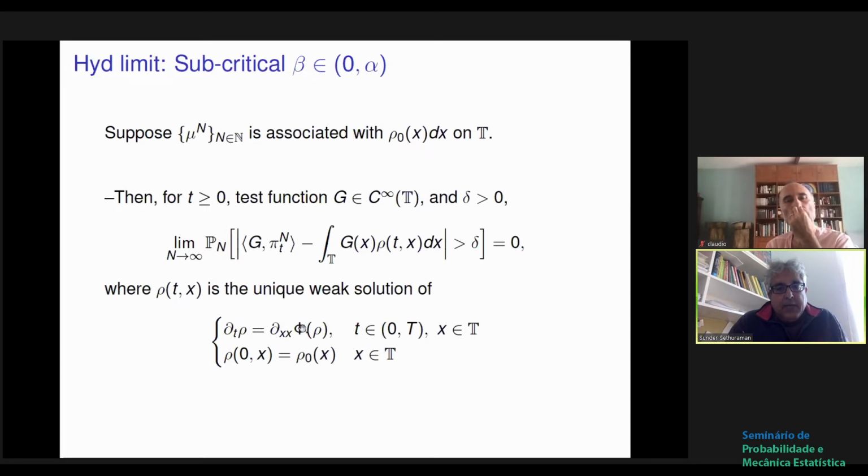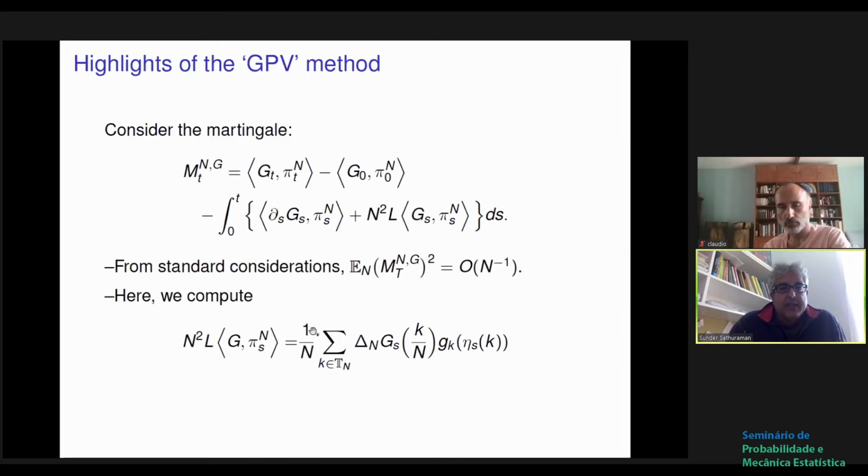Okay, so phi is the fugacity with respect to the rate g of k equals k to the power alpha. So this is the result that we expect in the so-called subcritical case.